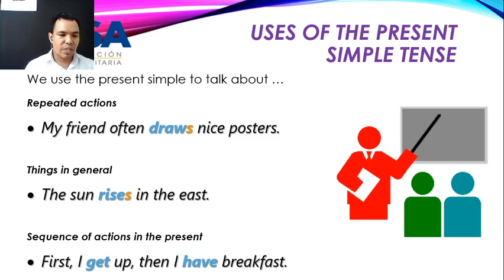For example, first, I get up, then I have breakfast, then I brush my teeth, then I go to the university, I go to work, then I study English. So when you have a sequence of actions, you need to use the present simple.